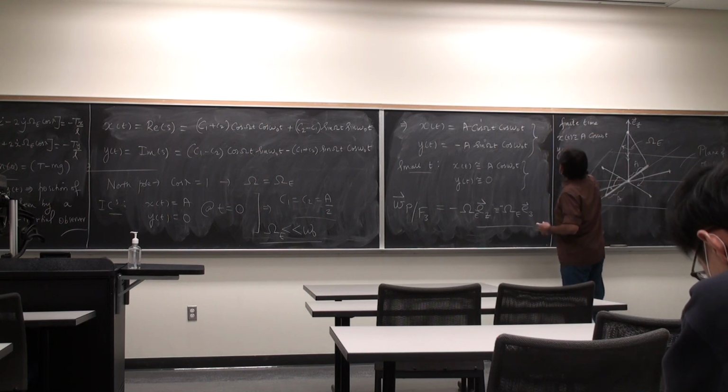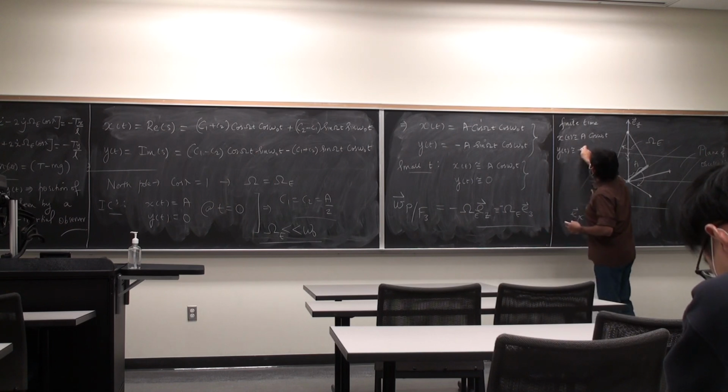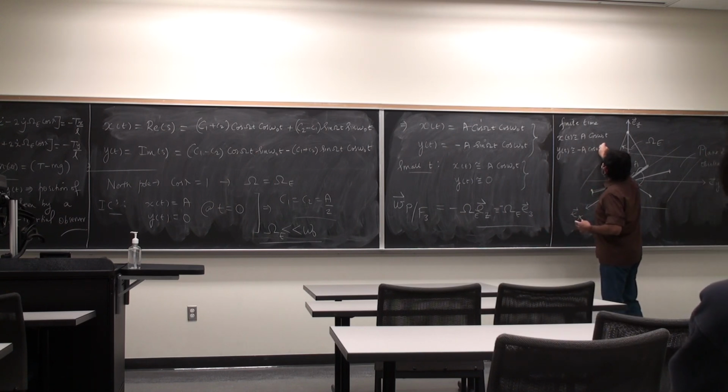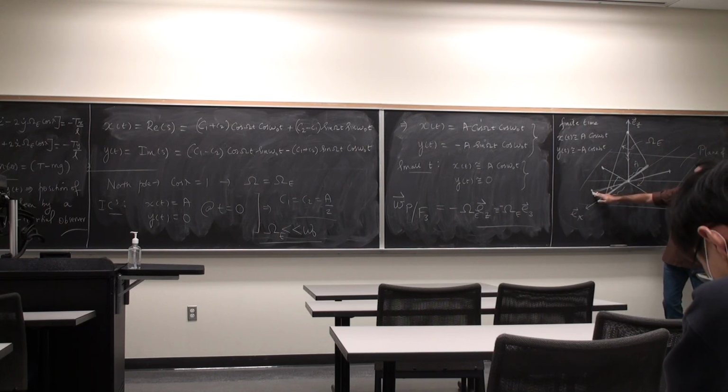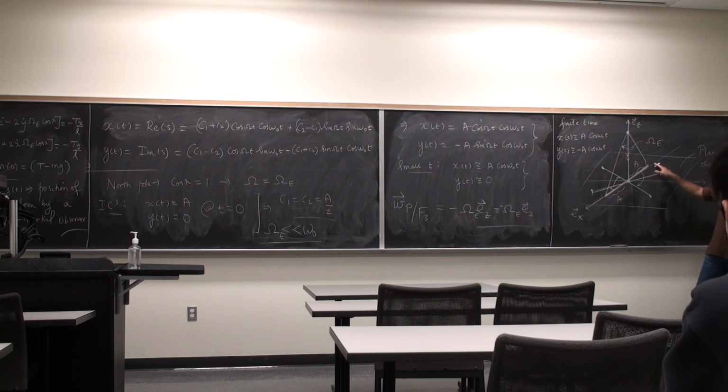My y of t is approximately minus a times cosine omega t. So that if I'm starting at a point on the negative y and positive x, I'm oscillating between there and a point on the positive y and negative x. So that's the direction of oscillation for me.